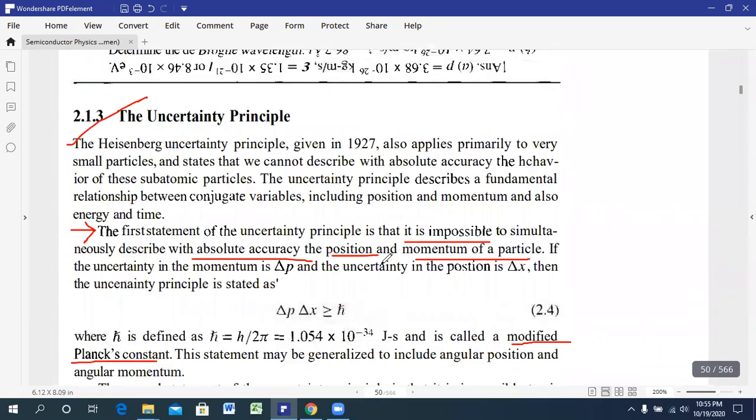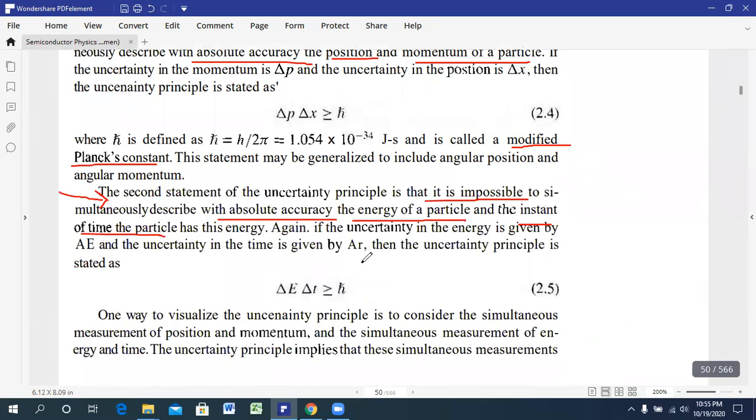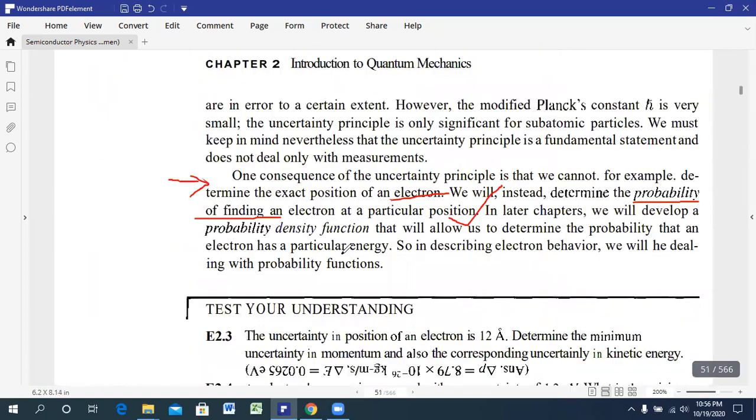First, it is impossible to find the momentum and the position of the particle at the same time. The second postulate is that it is impossible to simultaneously describe the absolute accuracy of the energy of a particle and the instant of time at which the particle has acquired this energy. These are the three principles.